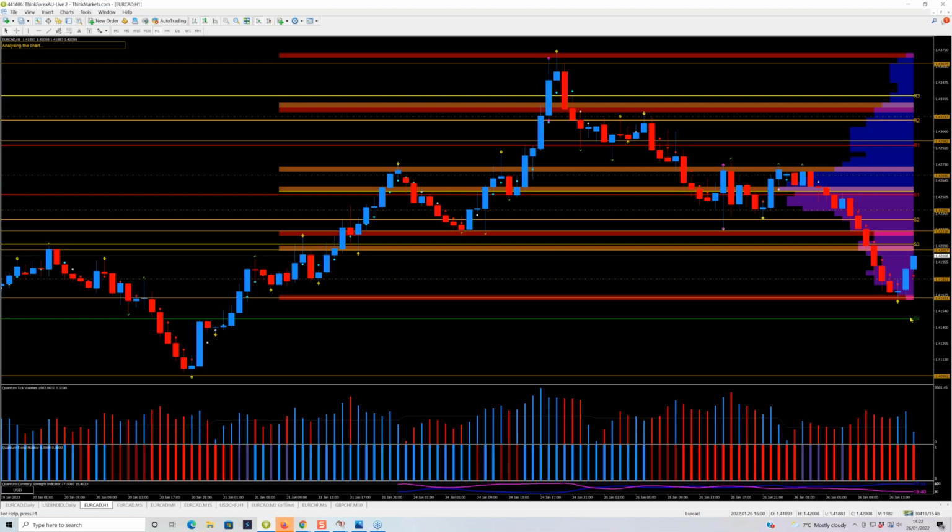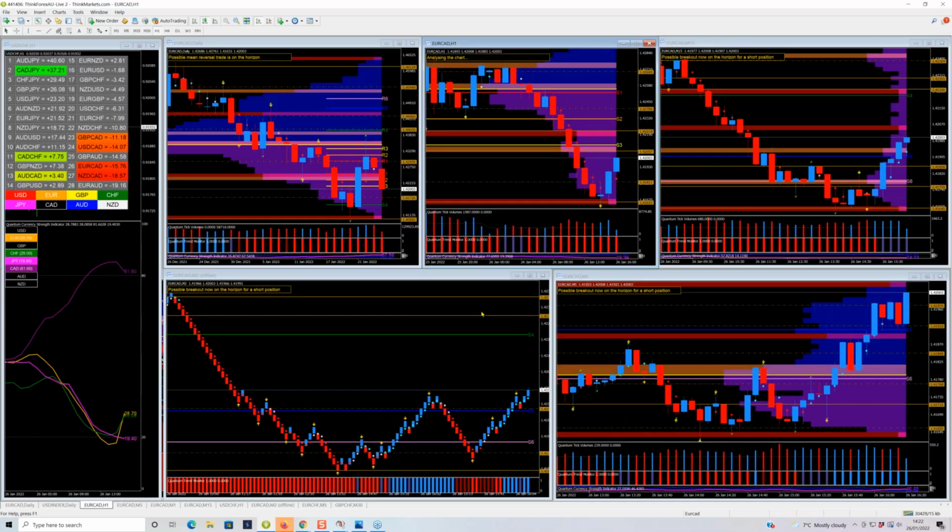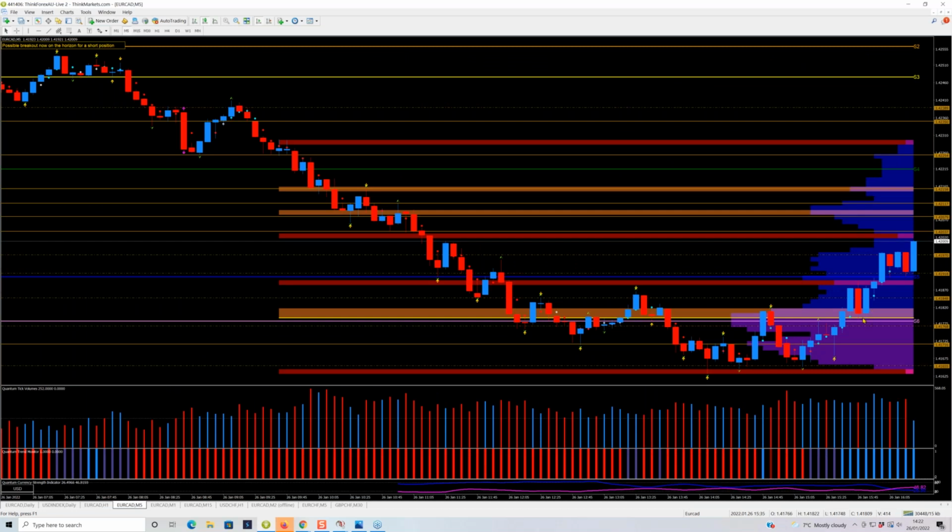This is the S4 pivot on the Camarilla, but it didn't get there because, as I said, on the faster time frames and on the Renko, we had the S6 giving that initial support. And in fact, what's happened since is we've now also got the volume point of control, and it's kind of put in this double bottom, and we're now looking for a potential reversal.